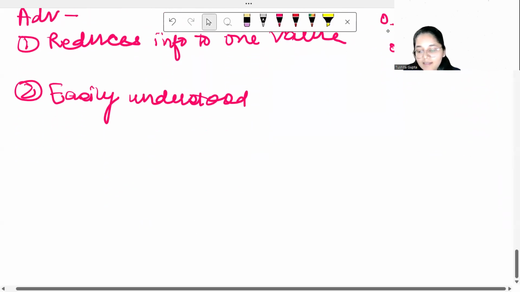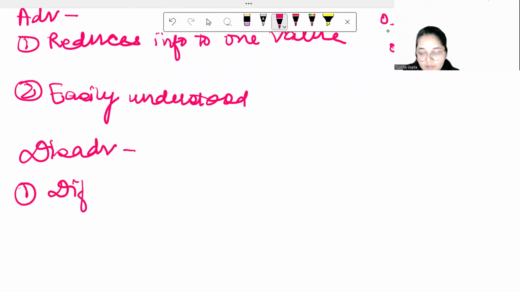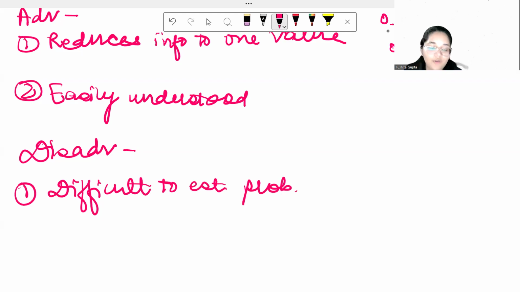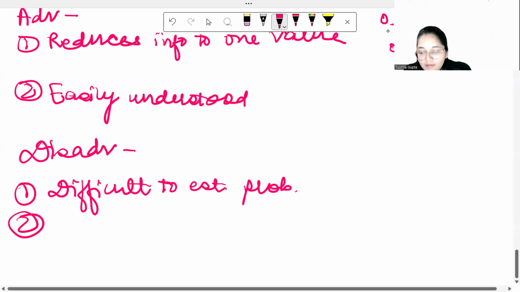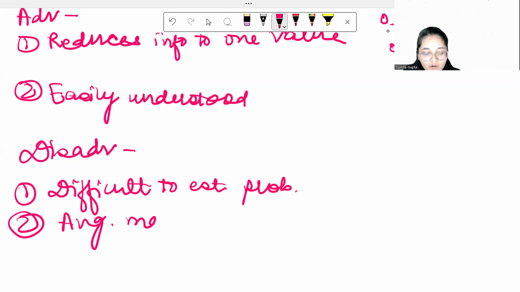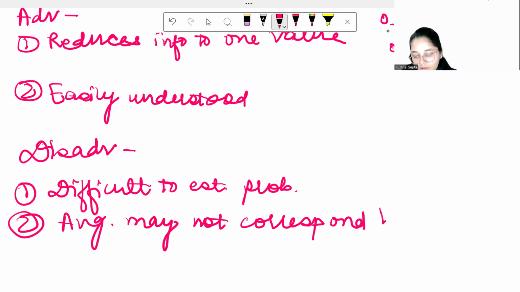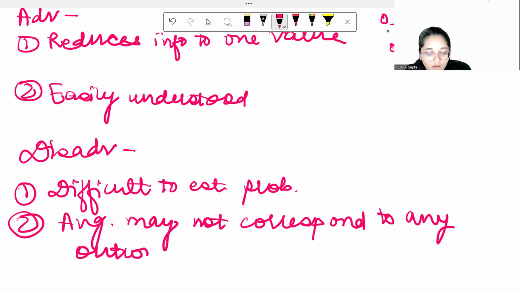All right, now let's discuss a few disadvantages. Number one is that it is difficult to estimate probabilities. Number two is that the average may not correspond to any outcome.